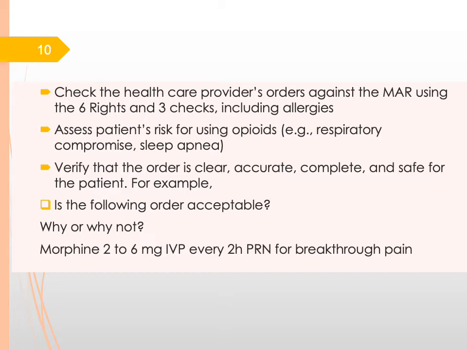using opioids. We want to also verify that the order is clear, that it's accurate, it's complete, it has all of the components, and it's safe for the patient. A lot of places have gone to PCA order sets, and you'll see that when you look at the PCA order set that I uploaded to Canvas for John Muir. It's very specific.